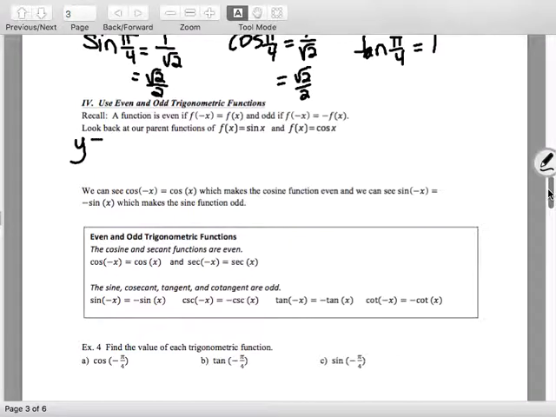So if you look at y equals x squared, this is an even function because it's symmetric, and I'm going to use a little abbreviation here, WRT, with respect to the y-axis.